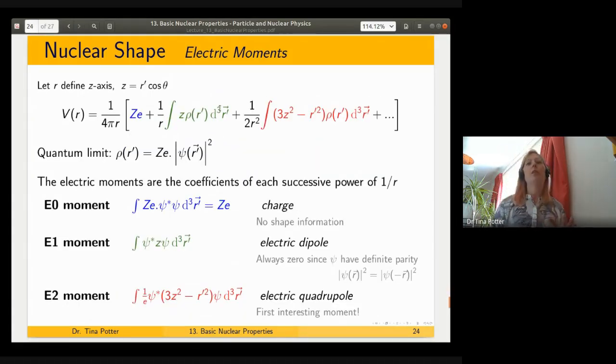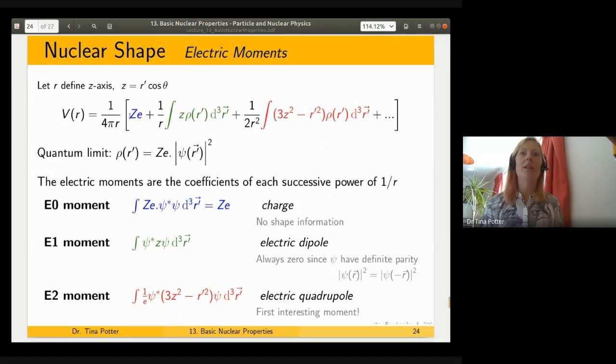So let's have a look at our potential now. As I said, the overall charge distribution has to be normalized to the total charge of our nucleus. That's not going to change. And we can have a look at each successive power of 1 over r. This first one in blue is the overall charge of our nucleus, and this doesn't give us any shape information at all.